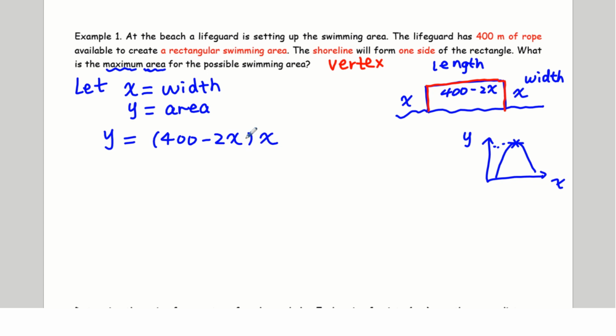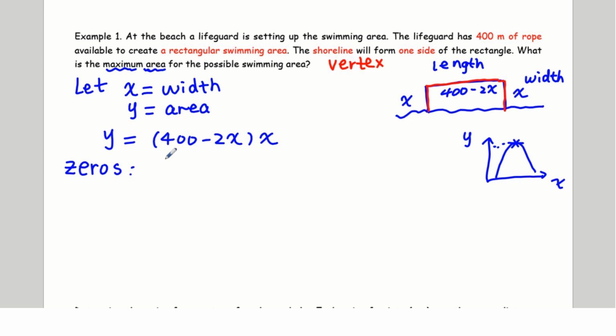This is two factors, so this is factored form. Then we want to find the zeros. You could use other methods, but in this lesson we are going to practice finding maximum and minimum values by factoring.